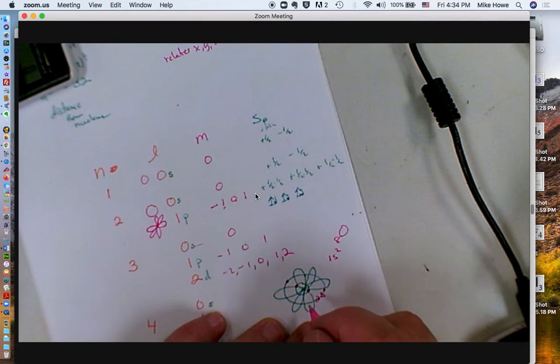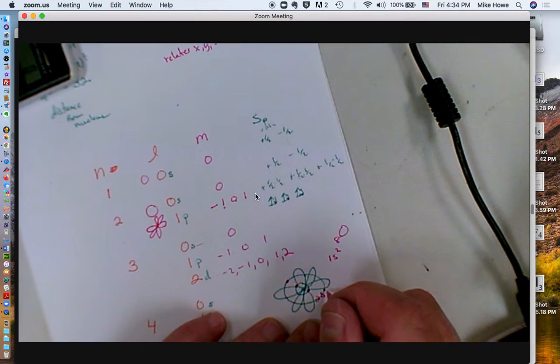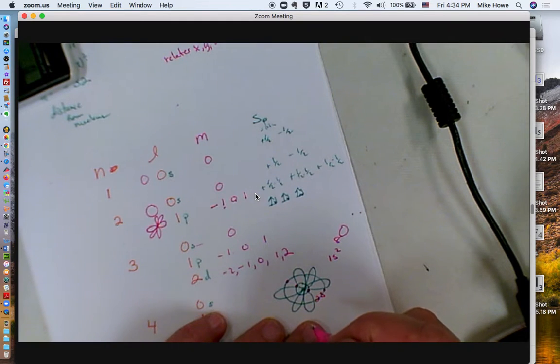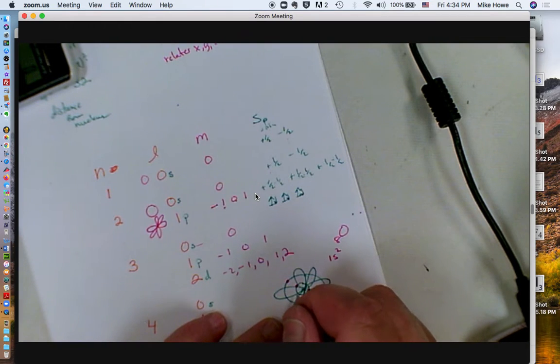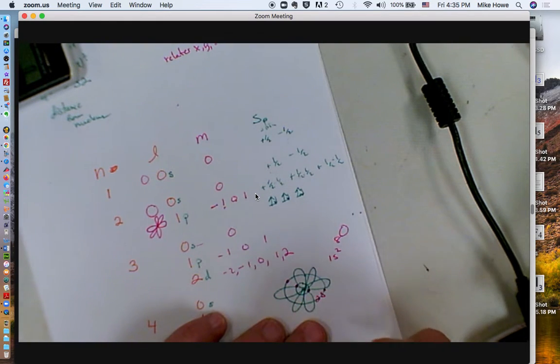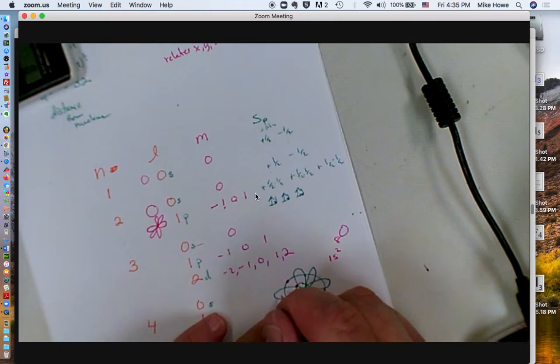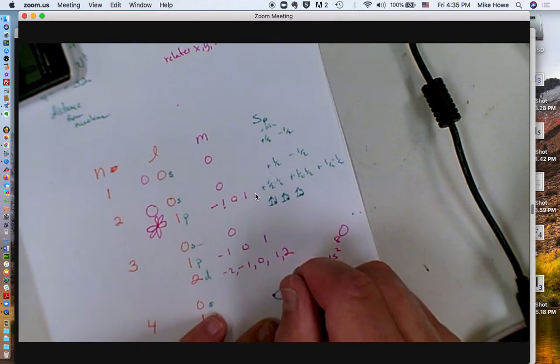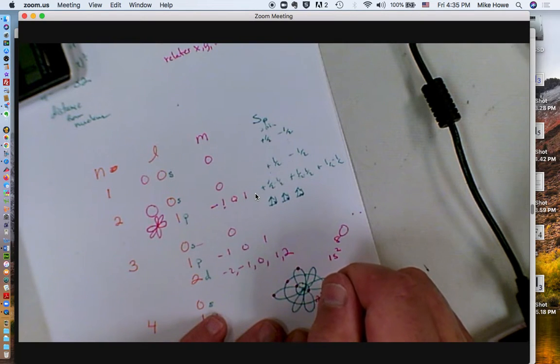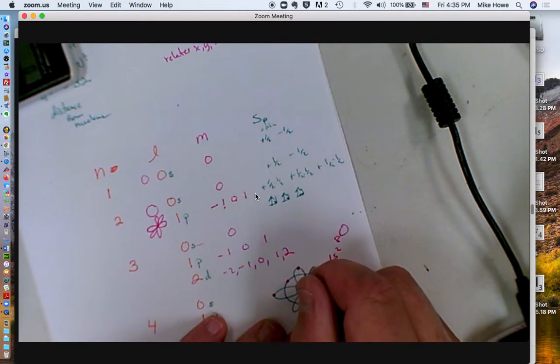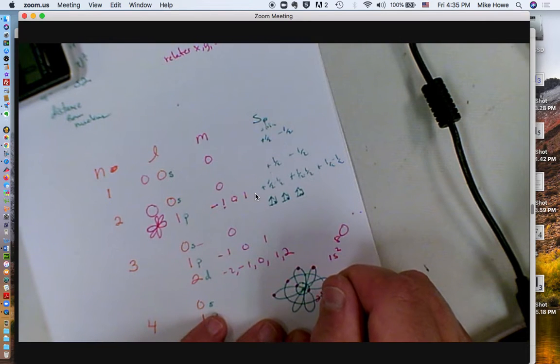And each orbital can hold 2 electrons, and since the s sublevel only has the 1 orbital, the s sublevels only get 2 electrons. For those of you who remember the sunny room and the pink room, the sunny room had 1 bed with two people in it, and the pink room had 3 beds, 1, 2, 3, with 2 people per bed. So for oxygen, we would have a person in that bed, and a person in that bed, and a person in this bed, and then you start pairing up.